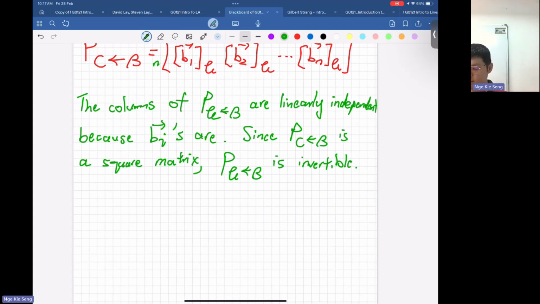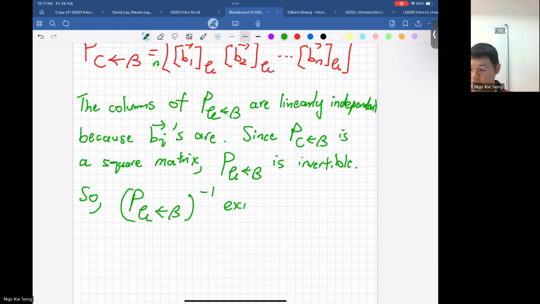Invertible means that the inverse of this matrix exists. So now we want to find who is this matrix here.